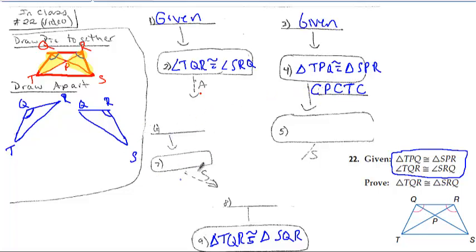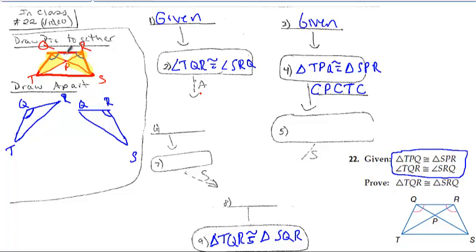Looking over here, here's a separate thought. It doesn't come from the angles here. It's completely separate. I need to mark something else, and I have a little hint here that I have an S. So I'm going to mark some kind of side, and my reason is up above there. Well, when we've done this in the past, a lot of times it's the reflexive property, where it's a side that's shared down the middle. Now, we don't have anything that's completely shared down the middle, but if I look at my pictures here, if I put these back together, notice how I have a side QR here and a side QR over here.